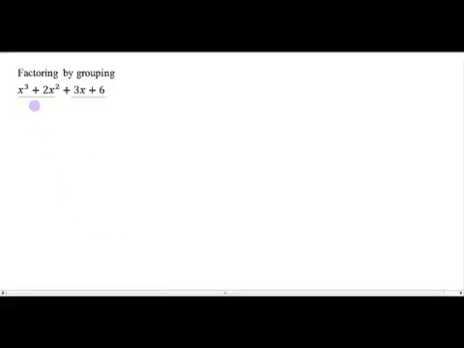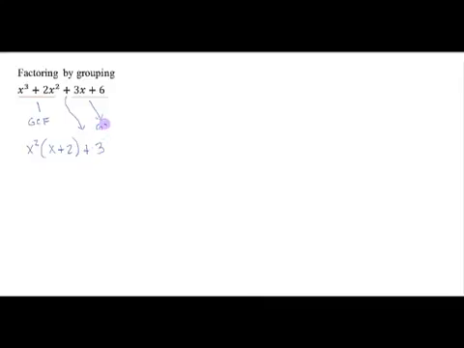What we want to do is take out the greatest common factor of the first two terms. And the greatest common factor there would be an x squared. And we're left with an x plus 2. Then we'll take out the greatest common factor here. Of course, we need to follow down, put that plus here. We're taking out a greatest common factor of 3.